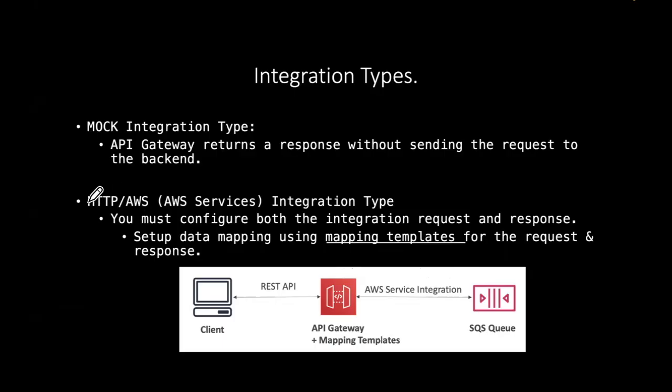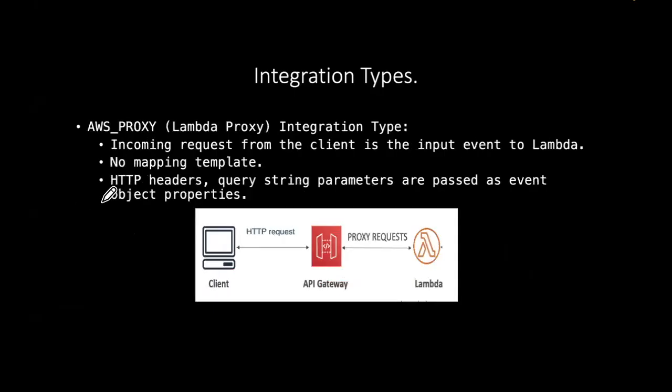So that's integration type 2. Integration type 3, which is the one that we're interested in, is called either AWS proxy or Lambda proxy. That's when you've got a Lambda at the back end. Now your HTTP request has to be put in a form that can be sent to a Lambda function. And we know that the first argument of the Lambda function is the event object.